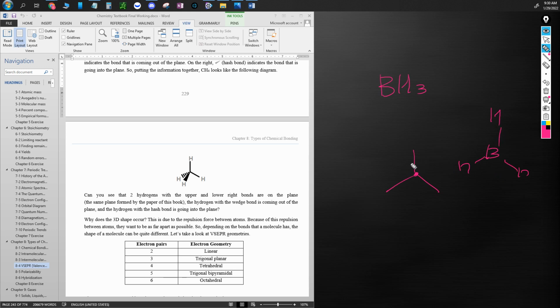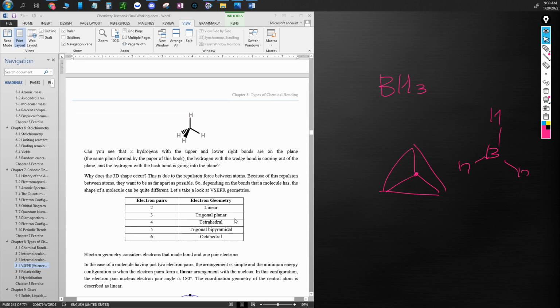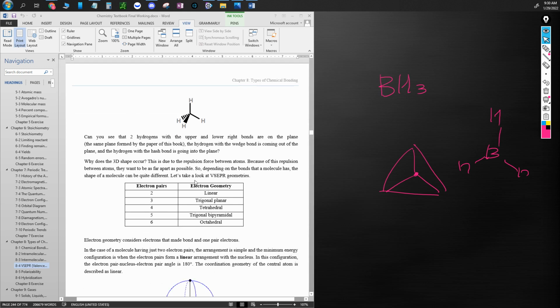For them to be as far apart as possible, it is going to be a planar shape. So that comes to our trigonal planar part.